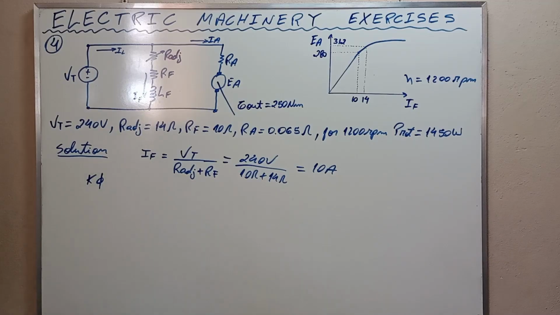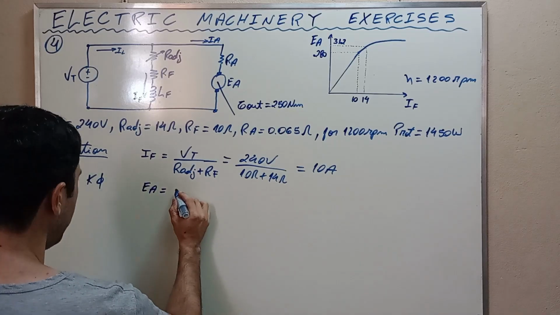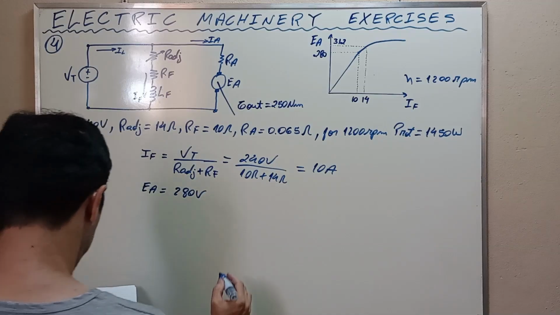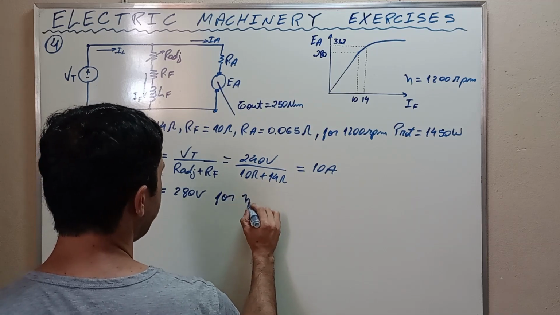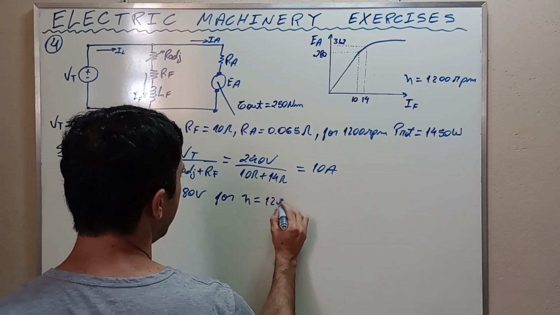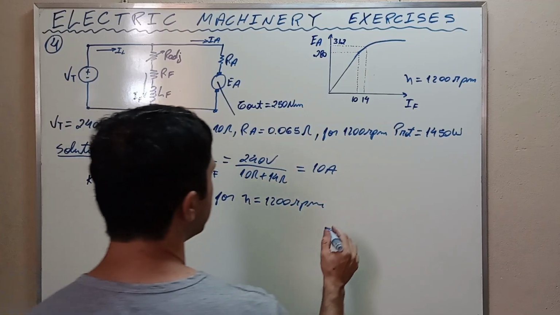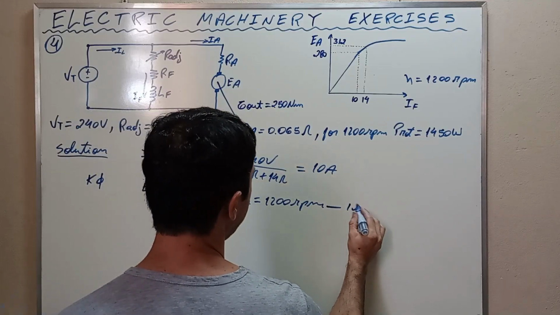Alright, from the curve we see that the induced armature voltage EA is equal to 280 volts for the velocity of 1200 rpm, and this is for the current of 10 amps.